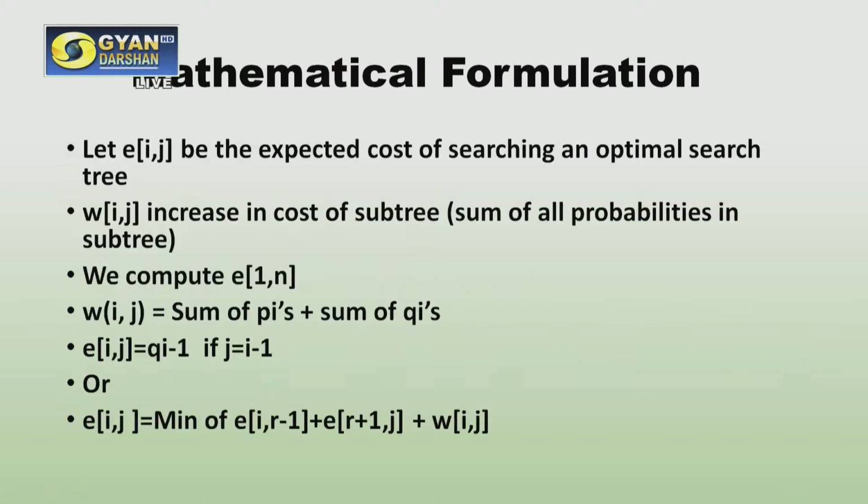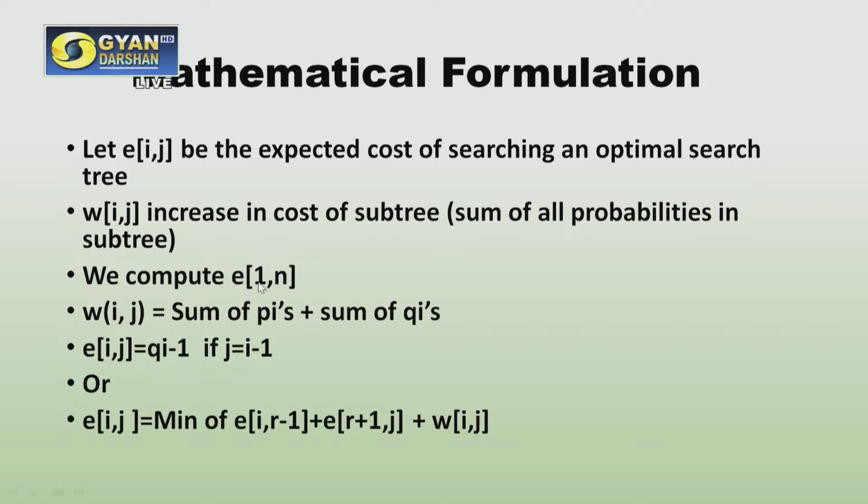So what is the mathematical formulation of this? Well, let Eij be the expected cost of searching an optimal search tree. This is what we are assuming. And let Wij be the increase in cost of a subtree, the sum of all probabilities in the subtree, when we move the tree one level down.